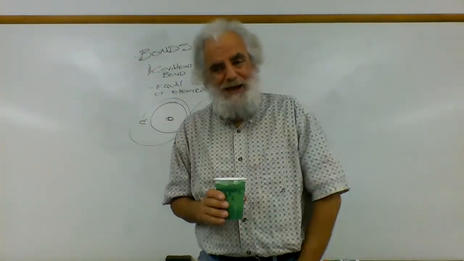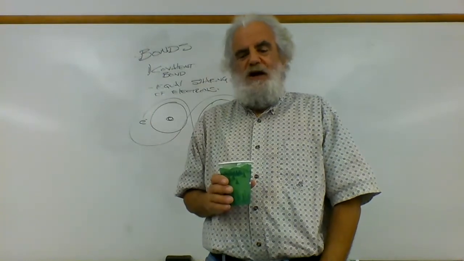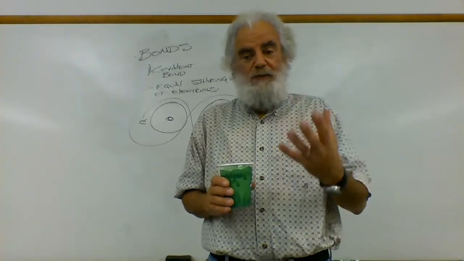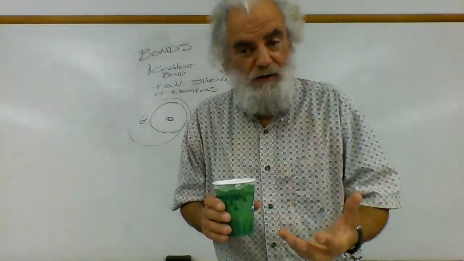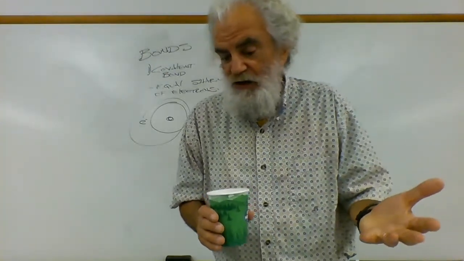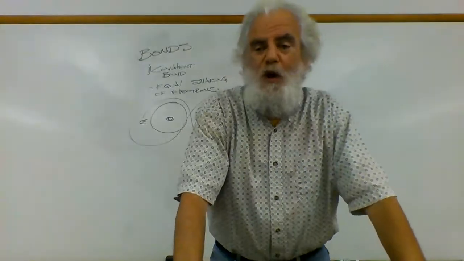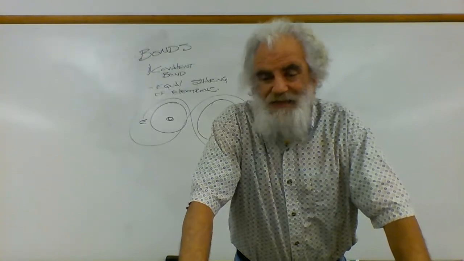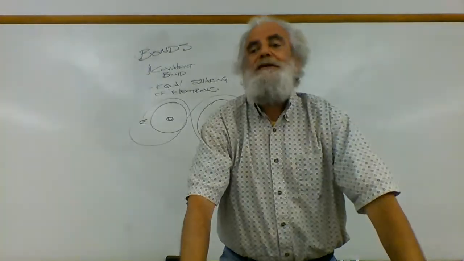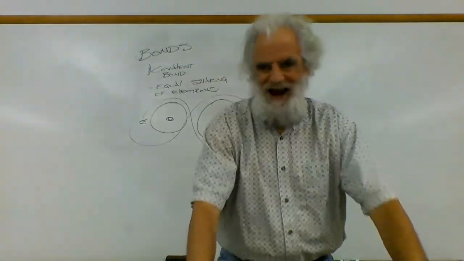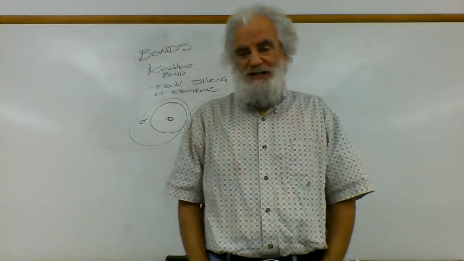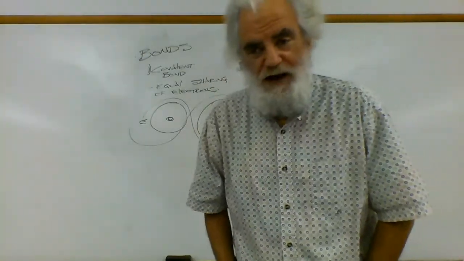Now, happily in biology, the kinds of covalent bonds that we're going to be talking about are typically found in organic molecules that you have pretty good familiarity with. And we can think about what it takes to break these bonds as essentially the amount of energy it takes to set them on fire. Fire, my friends. That's a way to think about how much energy it takes to break a covalent bond.